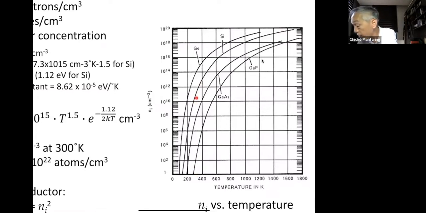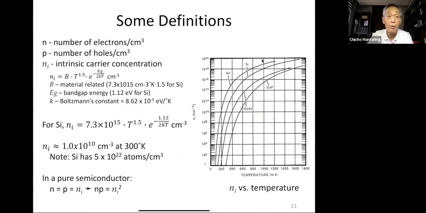Your intrinsic concentration is approximately 1 times 10 to the 10. This is your room temperature. This is for germanium, not commonly used now. This is for gallium arsenide, which has a lower intrinsic concentration, and so forth. This is gallium phosphide. So that's the last slide that I want to show for today.